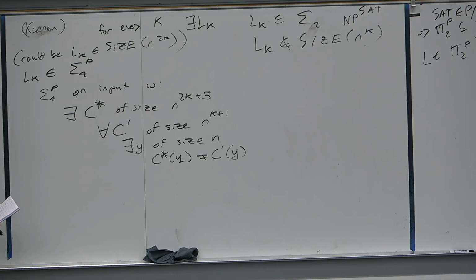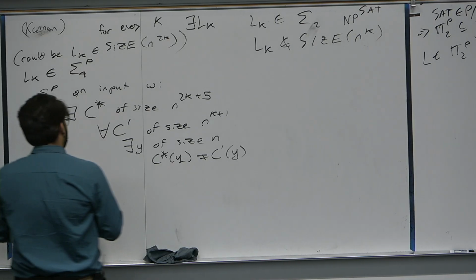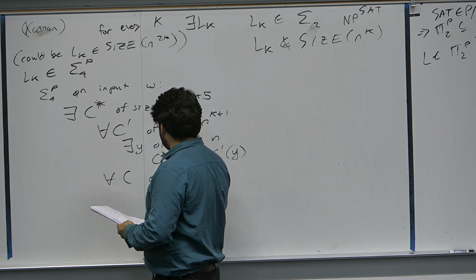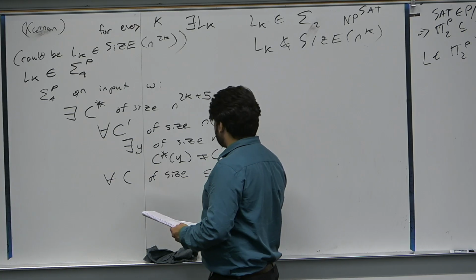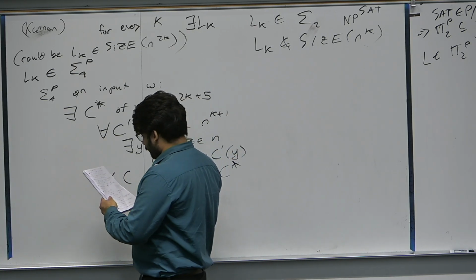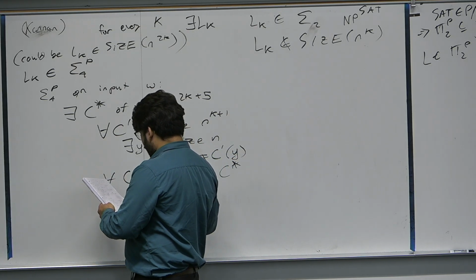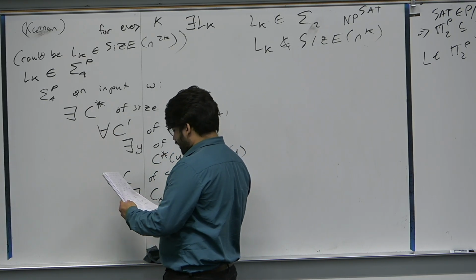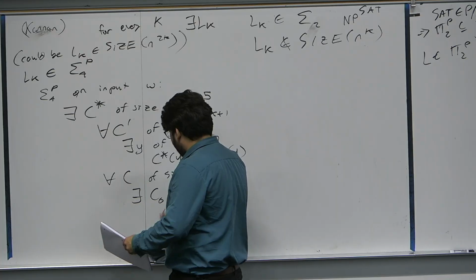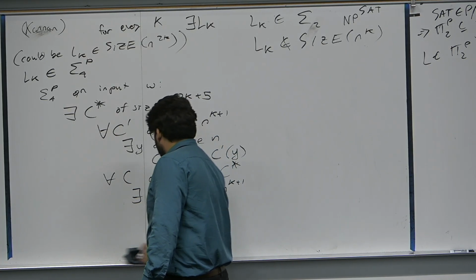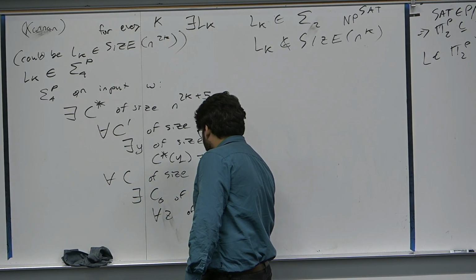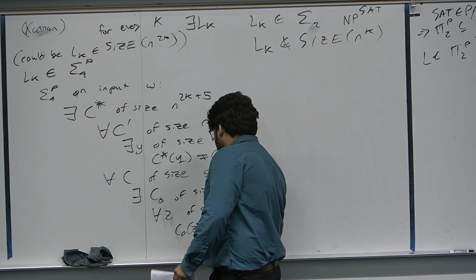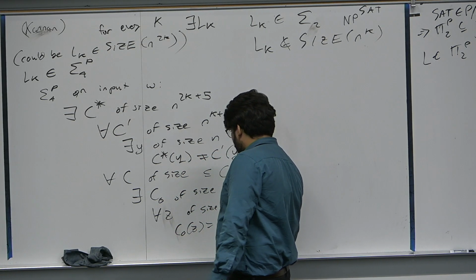So the way we'll do that is that we say, at this step here, for all C of size less than or equal to C star, whatever that happens to be, there should exist some C naught of size n to the k plus 1, such that for all Z of size n, we're going to say C0 of Z must equal C star of Z. There we go.